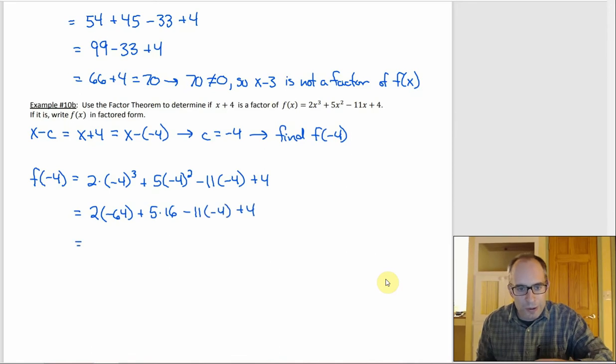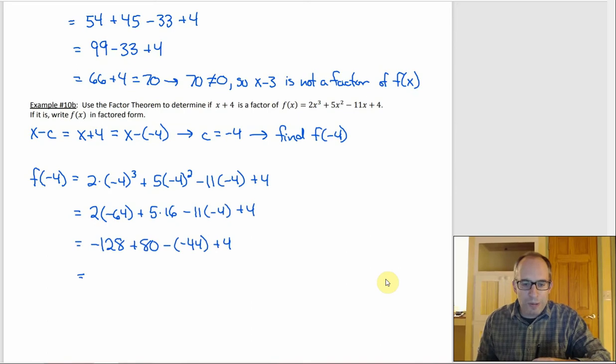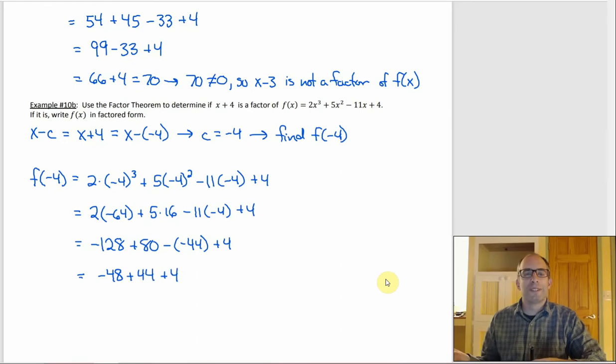All right, doing all the multiplication, we're going to have negative 128 plus 80, that's what 5 times 16 is, minus negative 44, and then plus 4. Negative 128 plus 80 is negative 48, and then that's going to be plus 44 plus 4. Yeah, that works, right? That's going to be negative 48 plus 48. So that is 0. Okay, good.